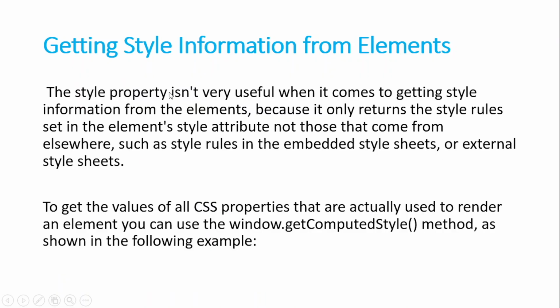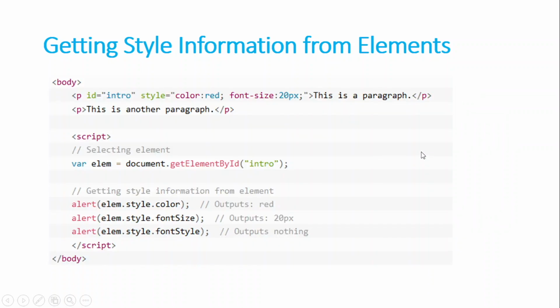The style property isn't very useful when it comes to getting style information from the elements because it only returns the style rules set in the element's style attribute, not those that come from elsewhere, such as style rules in the embedded style sheets or external style sheets. So basically, you can get the style information only if it is applied as inline styling in the style attribute.